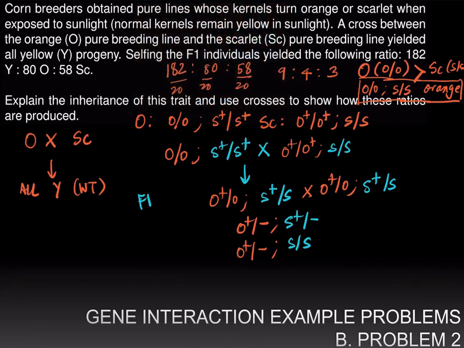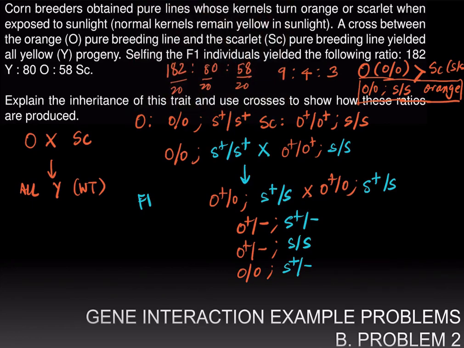Or the third could be homozygous for the mutant allele of orange, and S plus over dash, so having at least one dominant allele, the wild type allele of scarlet.